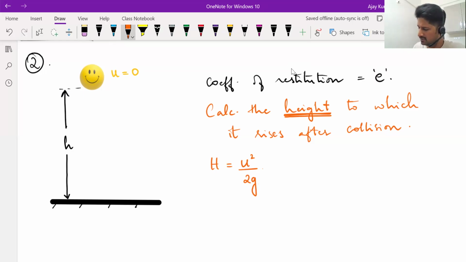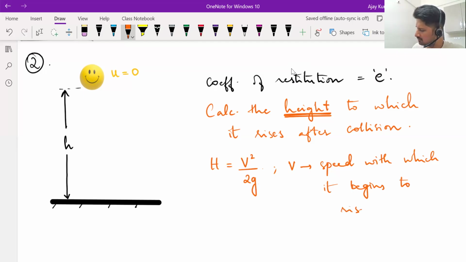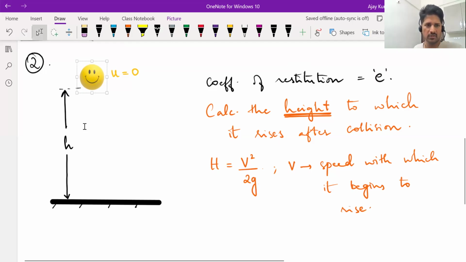Basically, the u here, I better write it as v square by 2g, where v is the speed with which it begins to rise. Okay, so this ball, just before collision, it will have some velocity.